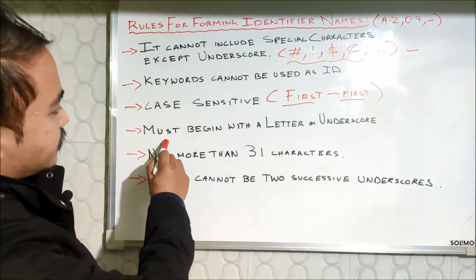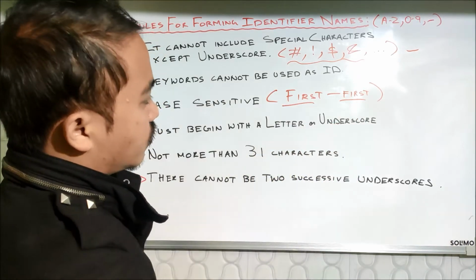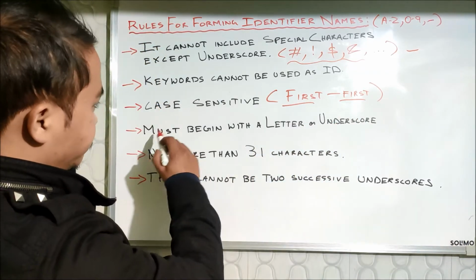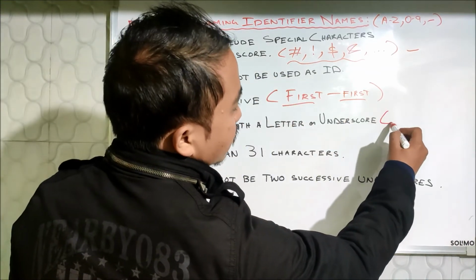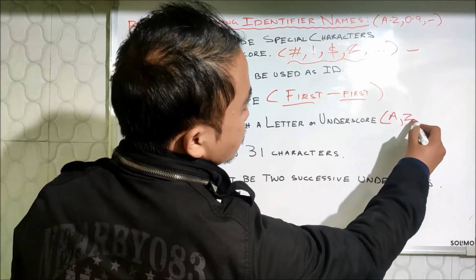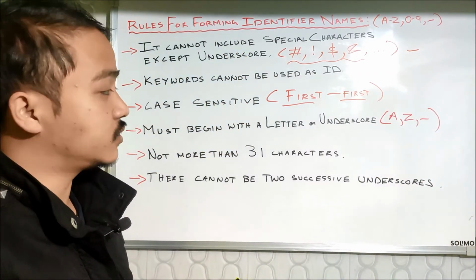But here it says it must begin with a letter or an underscore. So it means the identifier name should start with either a letter from A to Z or an underscore.